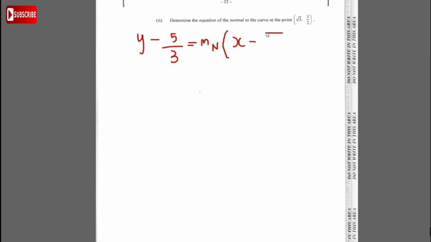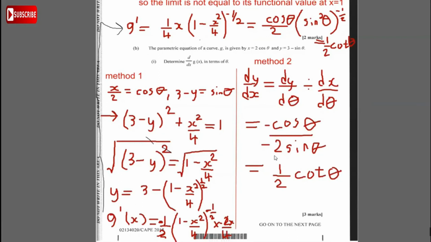Before we can find the gradient of the normal, we need to find the gradient of the tangent first. So the gradient of the tangent is just going to be, now this is when x is root 3. So the good thing is, you can find a gradient from this. Just plug in x as root 3 and get the gradient.